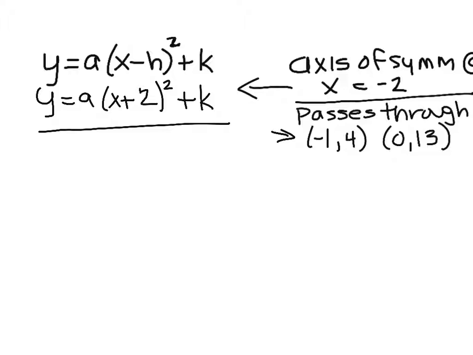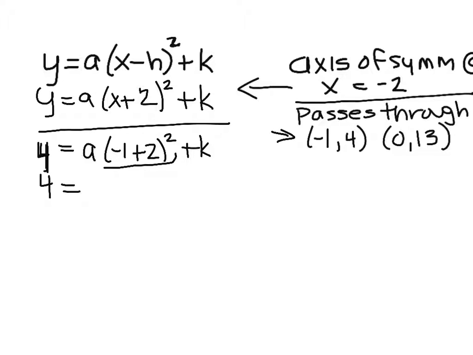Now we're going to solve this equation by using each of these 2 points and getting 2 more values. I'm going to use the first one, 1 and negative 4. So 4 equals a times negative 1 plus 2 squared plus k. This term here ends up being 1, so 4 equals a plus k. That was easy enough, huh?